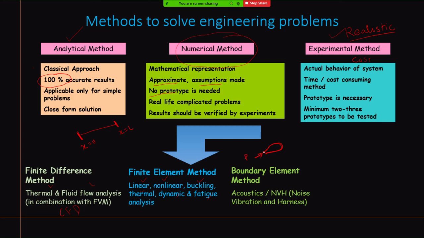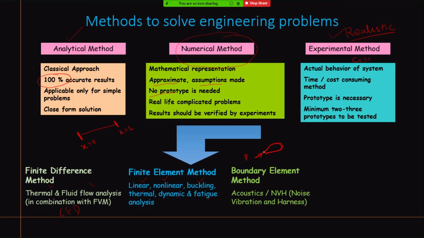It will change like this, and again at the next time step the size will be something more, and the condition of the boundary is continuously changing. That is why this method is called the boundary element method. This is most useful in vehicles where you want to reduce noise, or to analyze the acoustics of your theater. In that case, this technique is much more useful. And the last one is the finite volume method, that is typically CFD techniques.